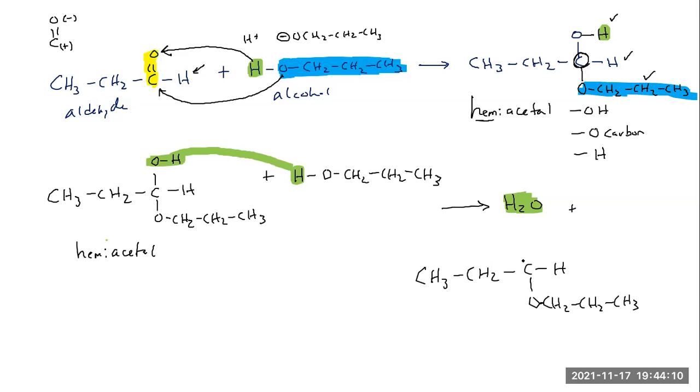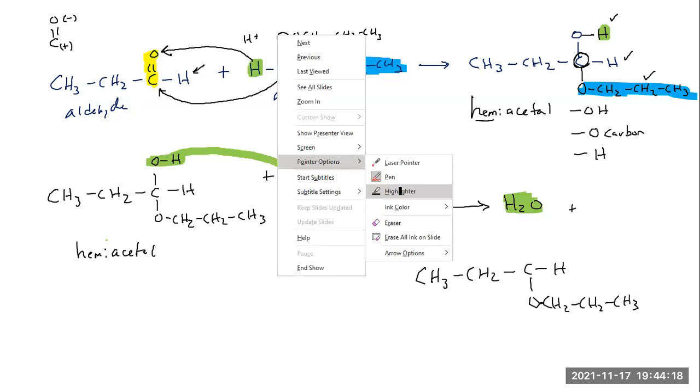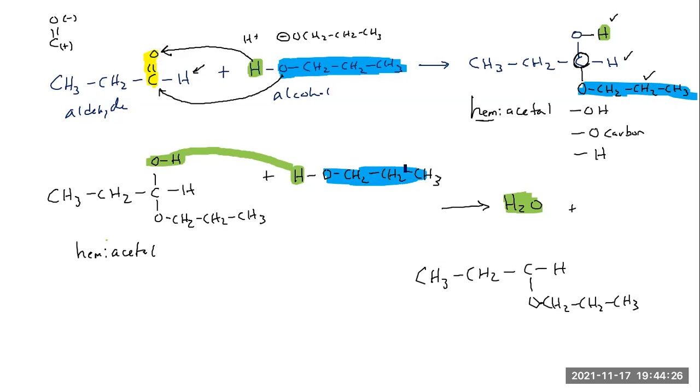Now, we have a hole here where that OH came out. And what's going to fill that spot is what is left on the alcohol. So if we look at our alcohol, we didn't put these guys anywhere. So this guy, which again is an oxygen carbon group, will find its way over here.